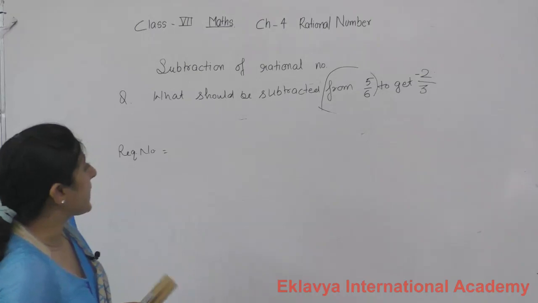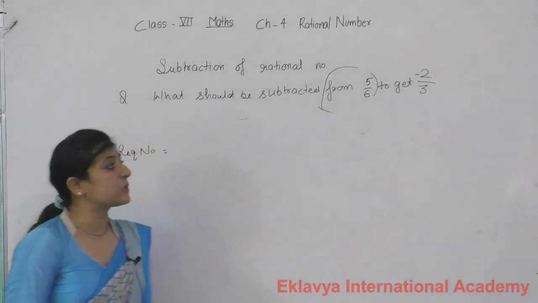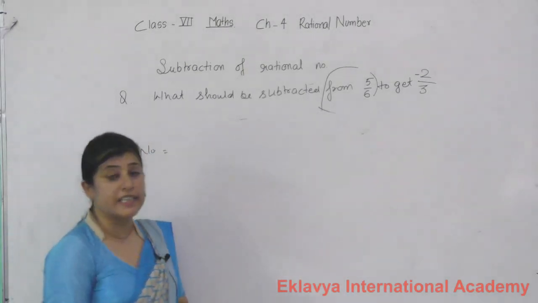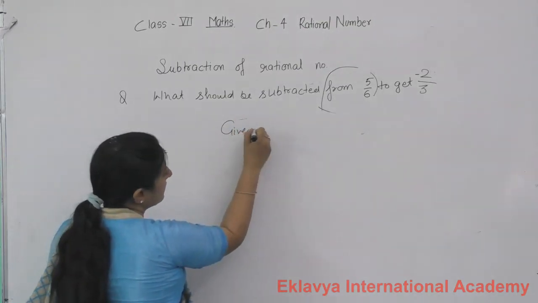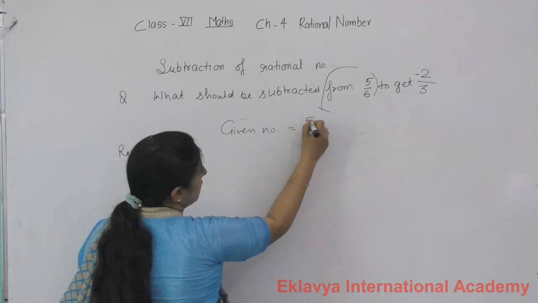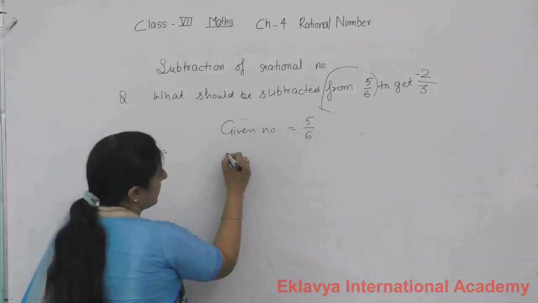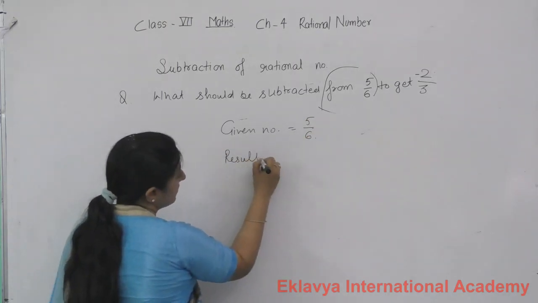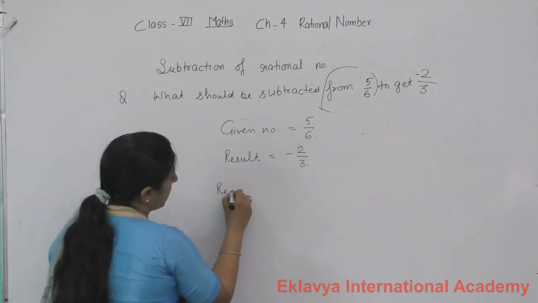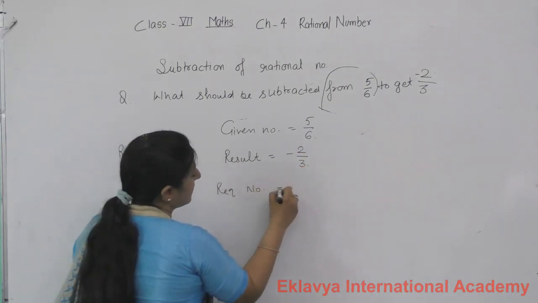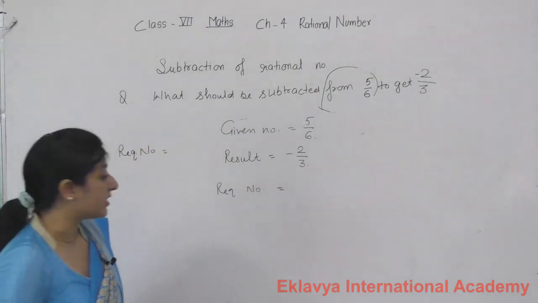What should be subtracted from 5 by 6 to get minus 2 by 3? Now see, what is the given number? Given number is equal to 5 by 6. Result is equal to minus 2 by 3. Now what is the formula of required number in the process of subtraction?